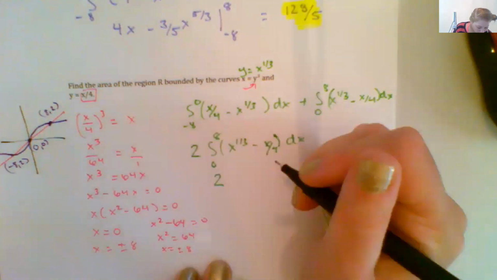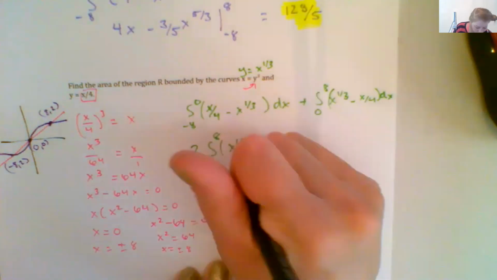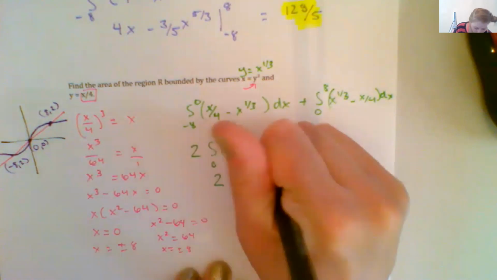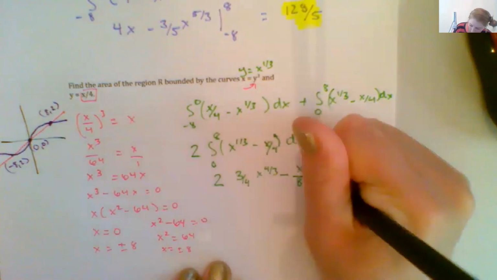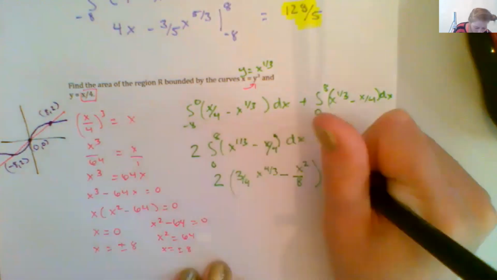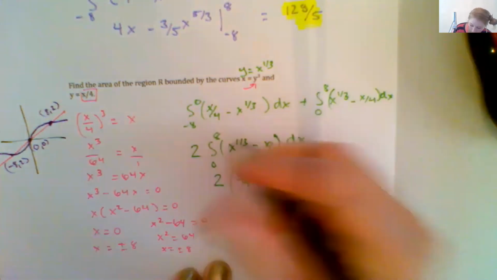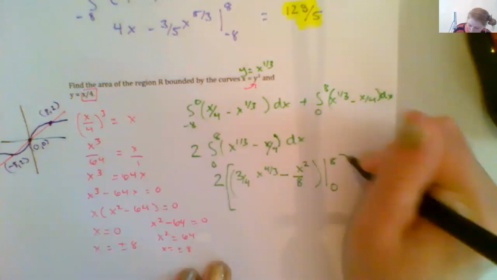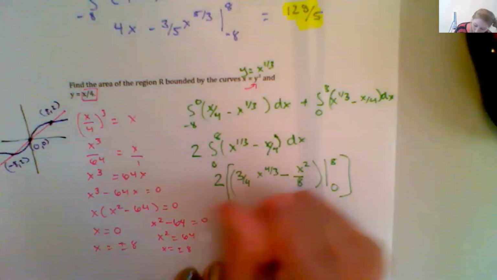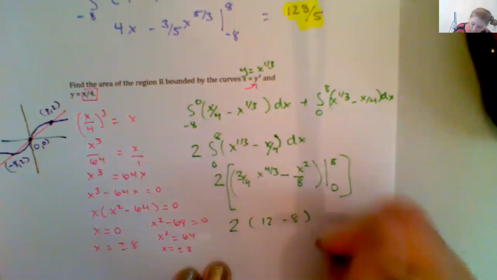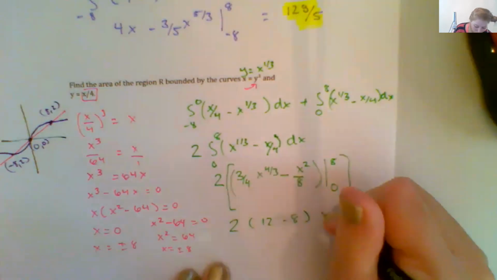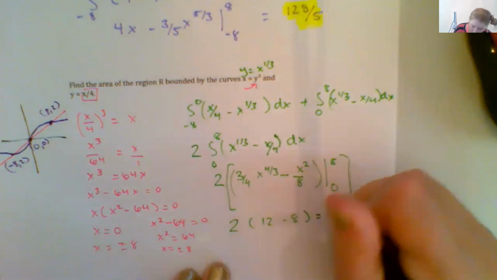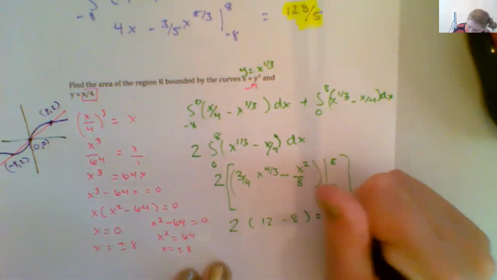So we're going to get 3/4 x to the 4/3 minus x squared over 8. And we're going to evaluate that from 8 to 0. Take that into account first. So we're going to end up with 12 minus 8. Plugging in 8, plugging in 0. And we're going to end up with a final answer of 8.